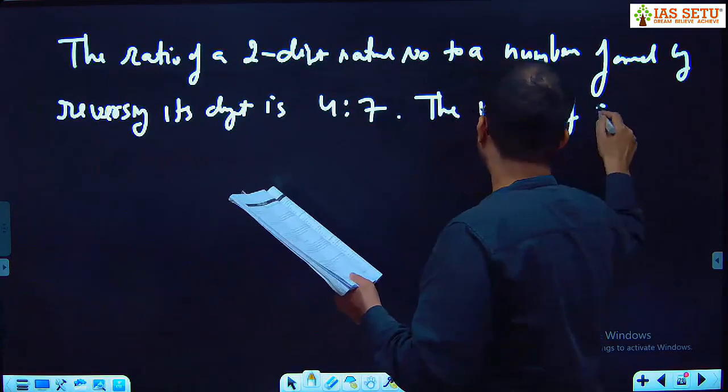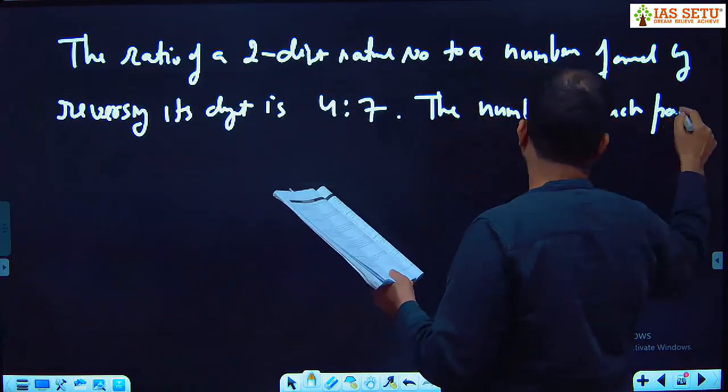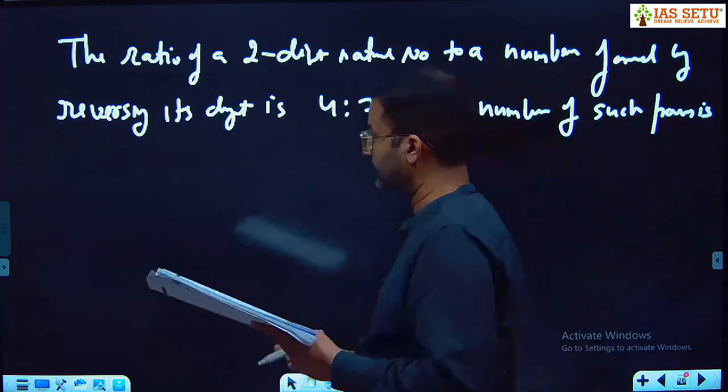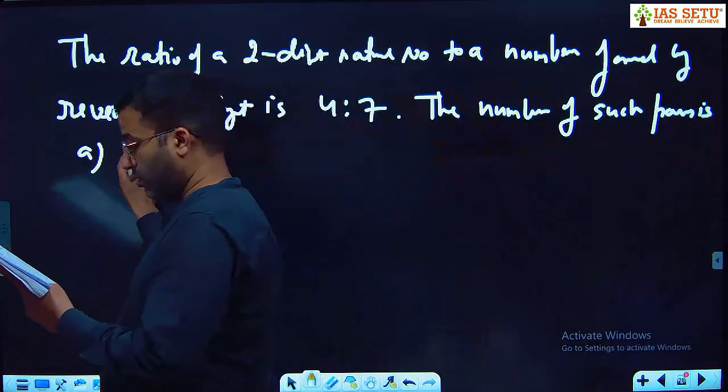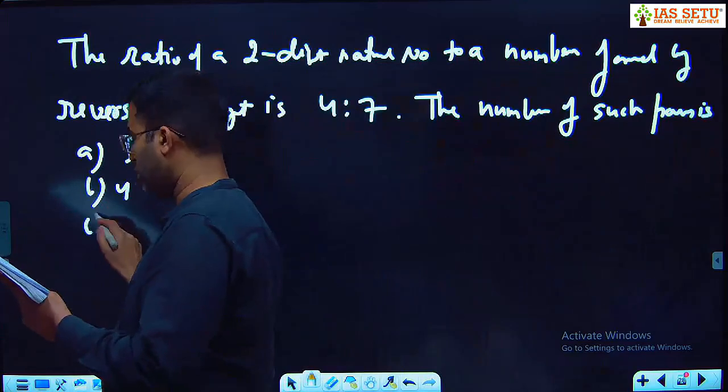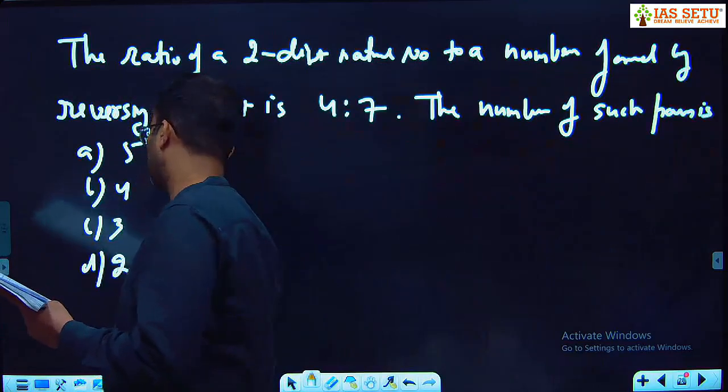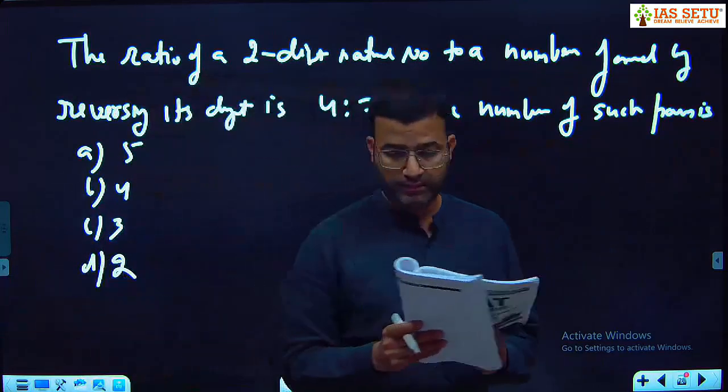The number of such pair is 5, 4, 3, 2. ठीक है?